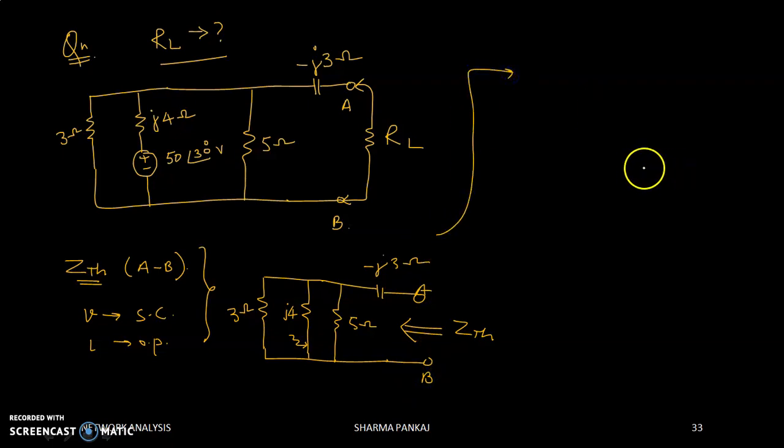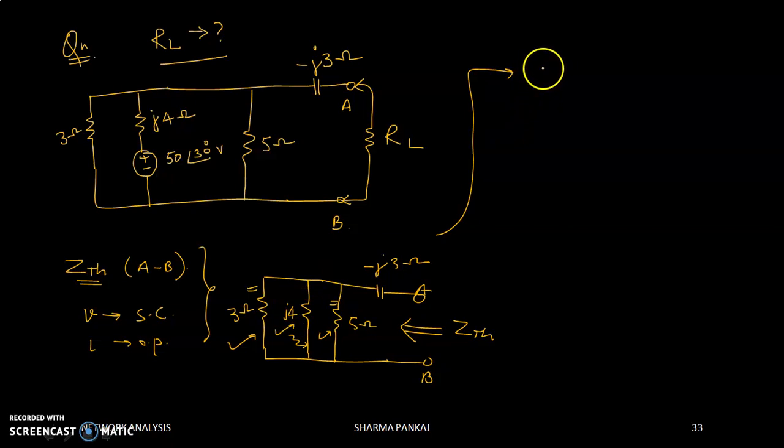Now see, the 3 ohm resistor, J4 and the 5 ohm resistor are all in parallel. So let us first add the 3 ohm and 5 ohm resistors in parallel, and after the real resistors have been added, we will add the real with the imaginary J4.